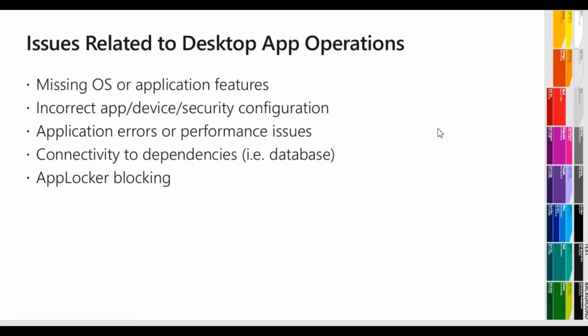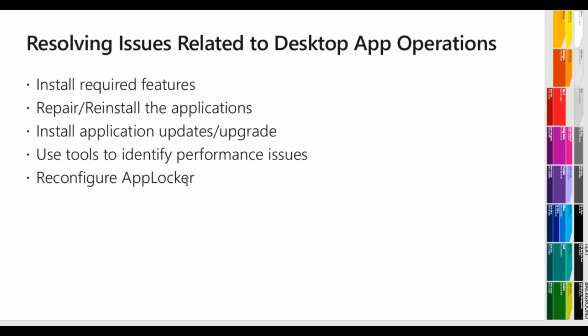Issues related to desktop application operations: missing operating system or application features, incorrect application, device or security configurations, application errors or performance issues, connectivity to dependencies such as database related configurations, AppLocker blocking. So if suddenly some application is not working, it could be related to all these issues. How to resolve these issues?